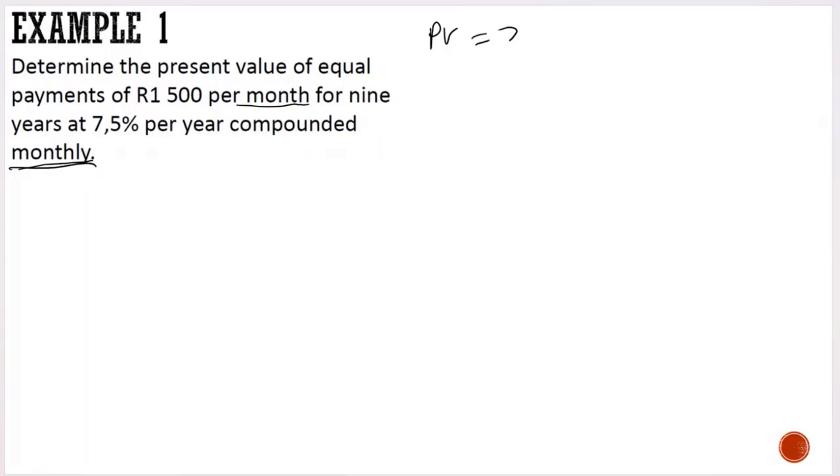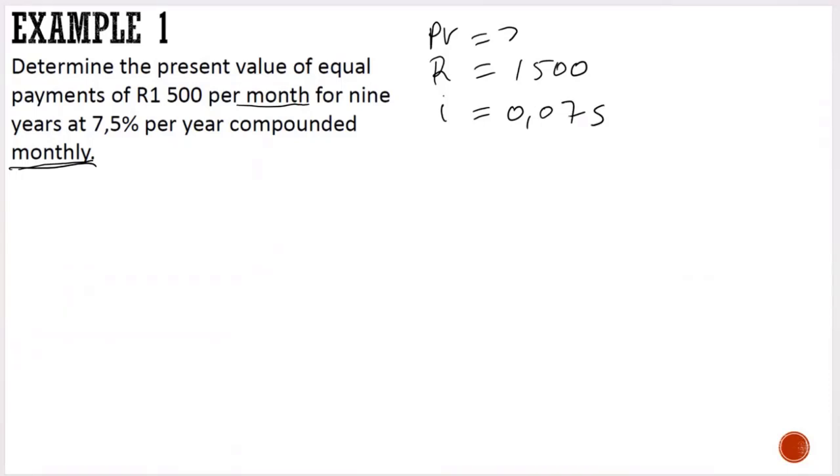We are going to retrieve the formula for present value annuity, and we know our monthly payments, which are equal to 1,500. What else do we know here? We know that our interest is equal to 0.075.